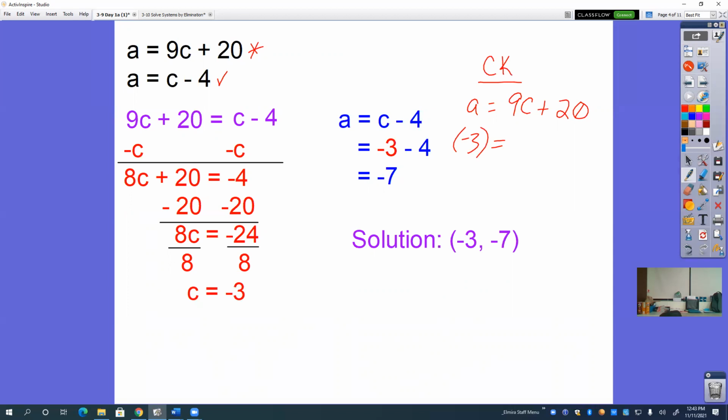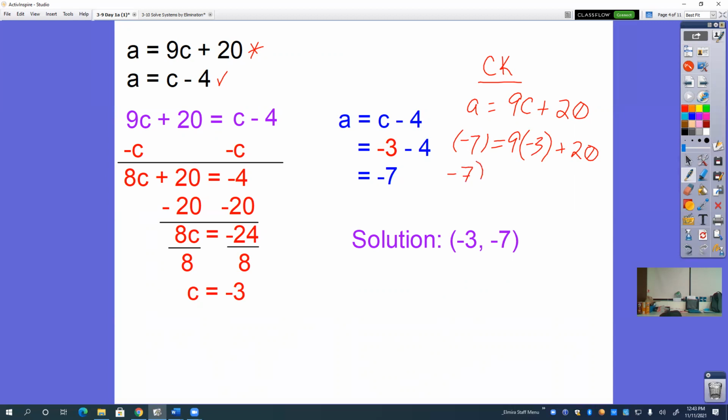And no, I'm sorry, that's wrong. We said that Y, technically Y is the same thing as A in this case. So negative 7 equals 9 times negative 3 plus 20.